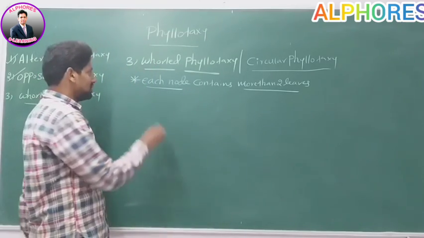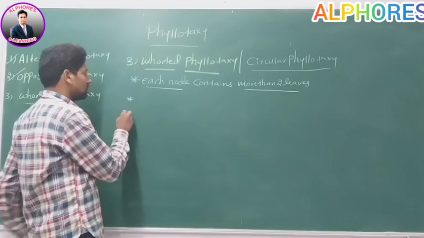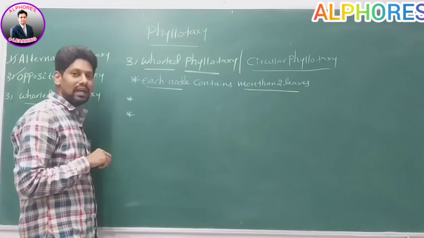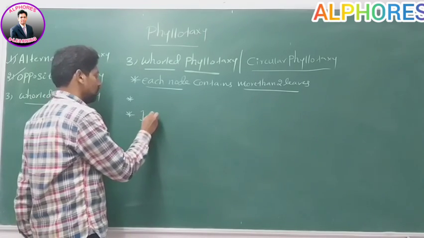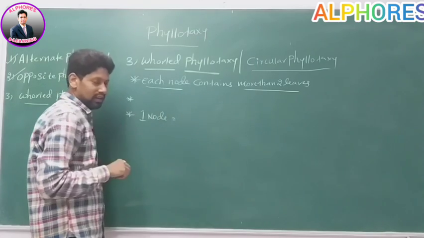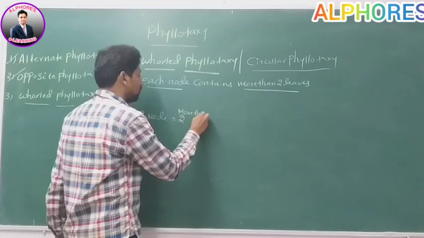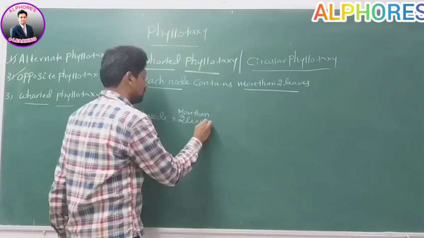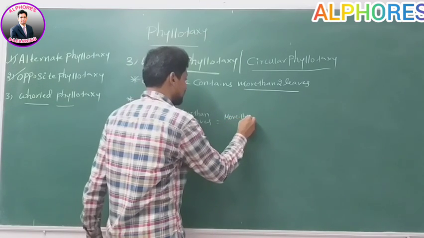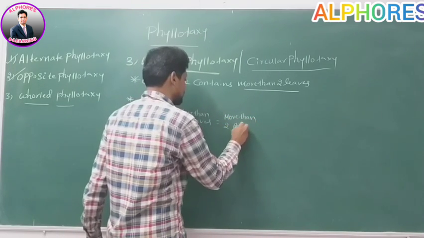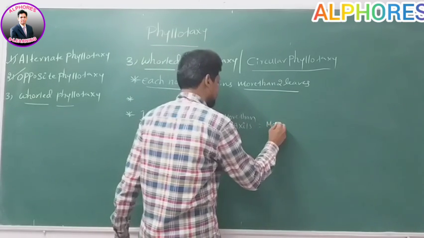Is it okay? Right, sir? If each node contains more than 2 leaves, then how many axils are present? More than 2 axils. Yes or no? More than 2 axils means how many axillary buds?